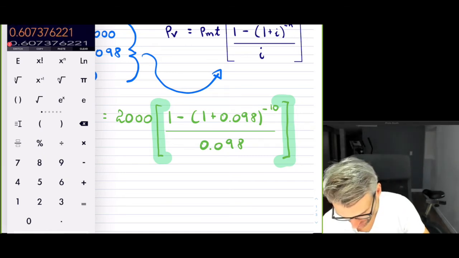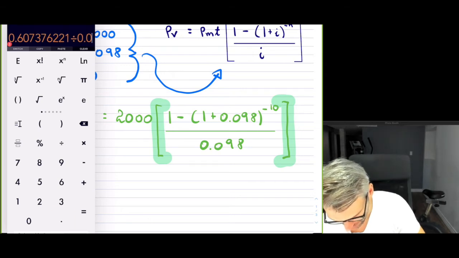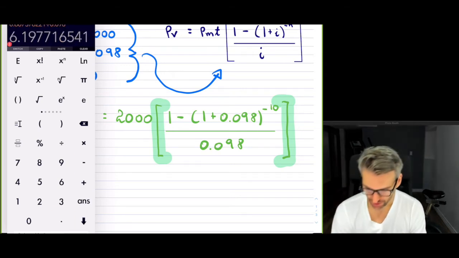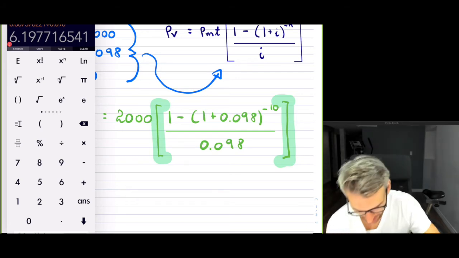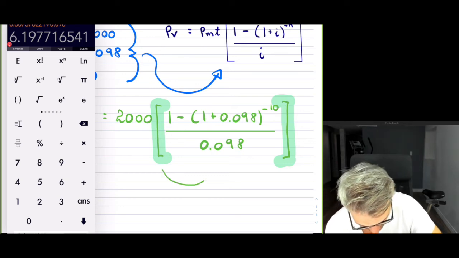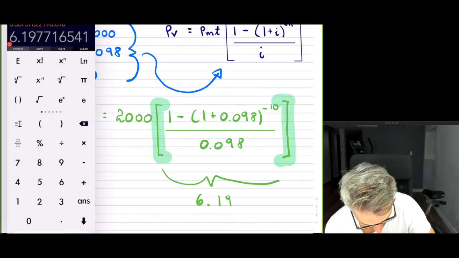And now that answer I can divide by 0.098. So I'll put that in, and that's what I get there. So that is your entire, so that's this right here. So that was equal to 6.19 dot, dot, dot.